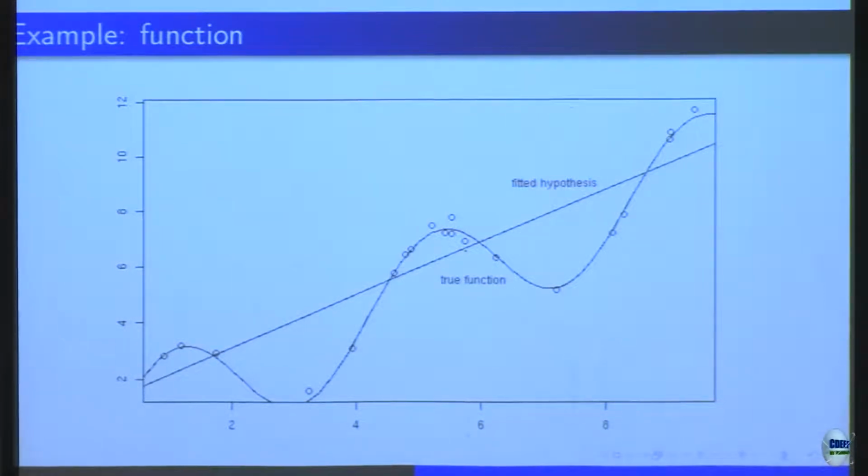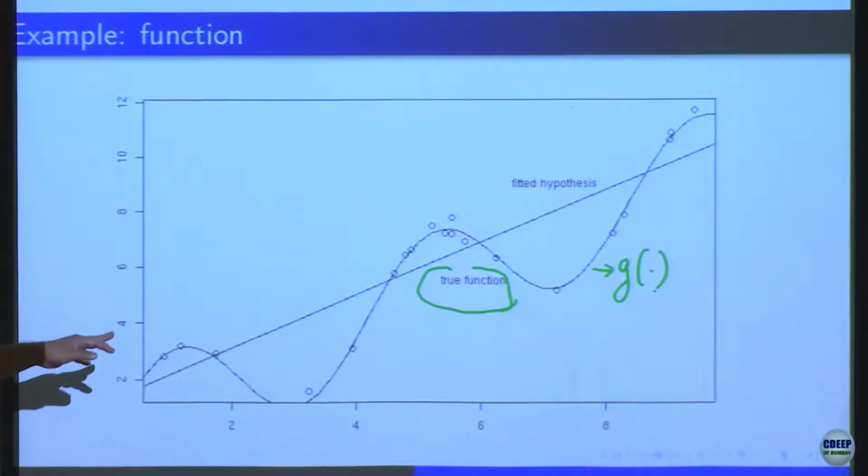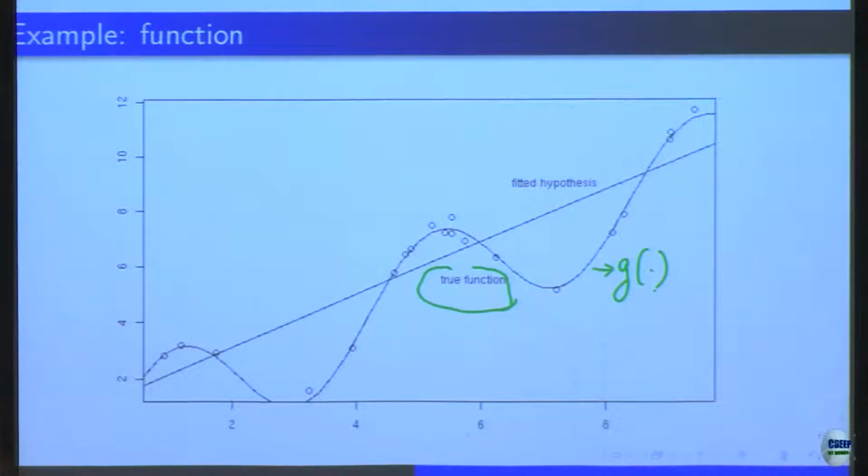You see a polynomial fit and also a linear fit. Actually let me correct myself. The data has come from a true distribution, a true function. We will keep referring to the true function as g. This is a true function which looks complex. I may try a polynomial fit on this, I may not get this far, right? And let us say this is my linear fit. I will refer to this as f.